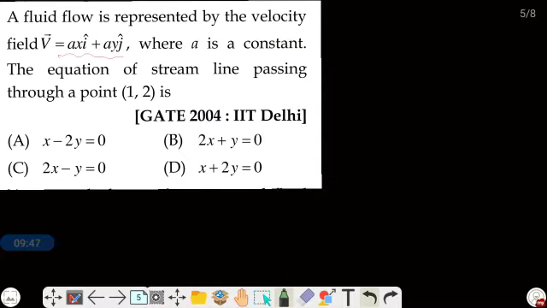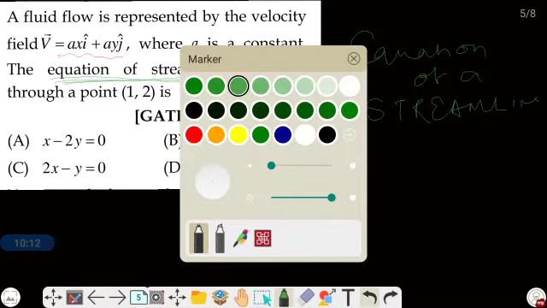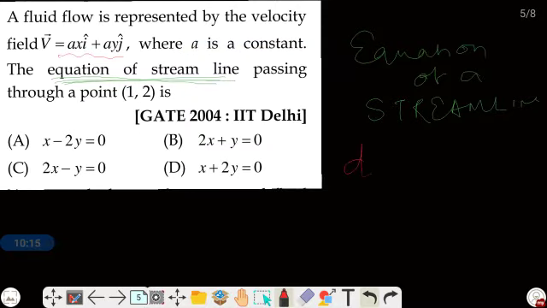The equation of a streamline is given by dx by u is equal to dy by v is equal to dz by w.